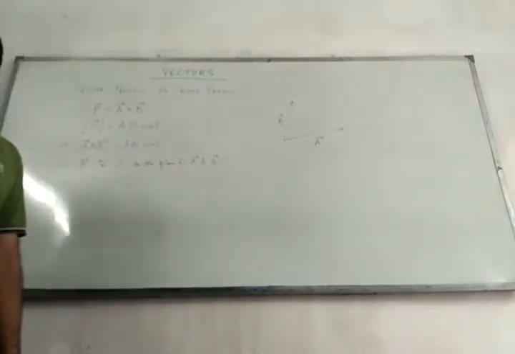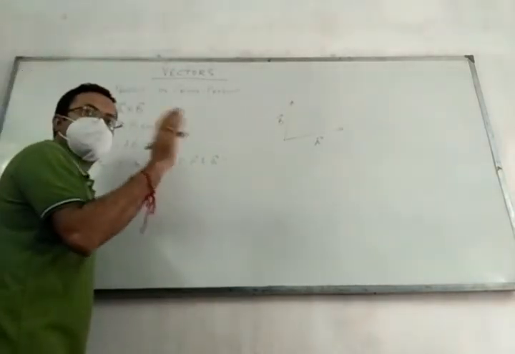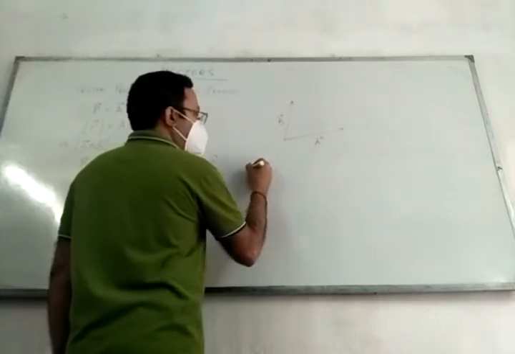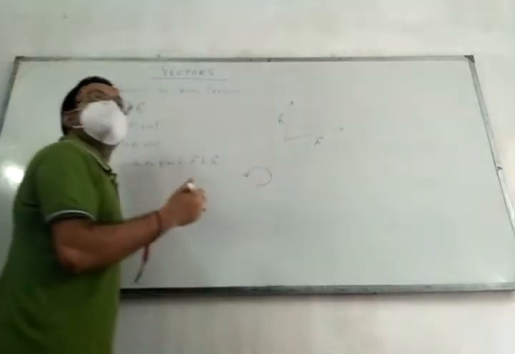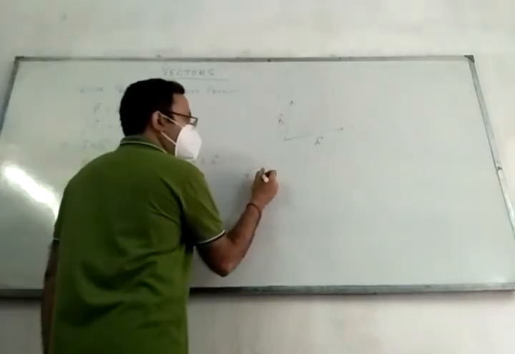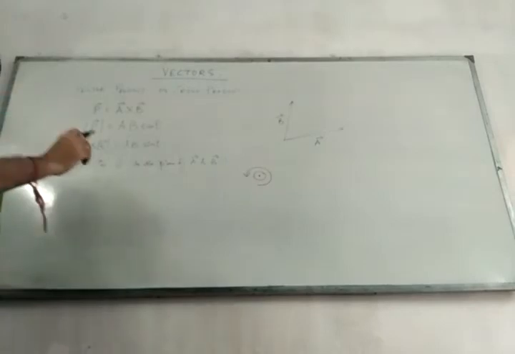Alright? Now, to show this inside direction and outside direction in a diagram, there is a convention. If you go anti-clockwise, the direction is outwards, and outwards is denoted by a dot with a circle. The dot with a circle means directed out of the plane of the board.